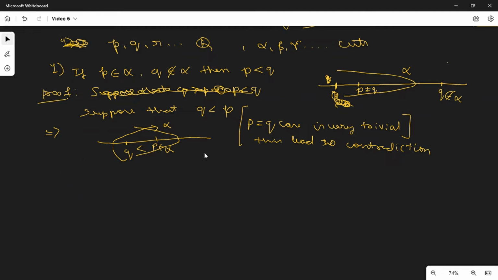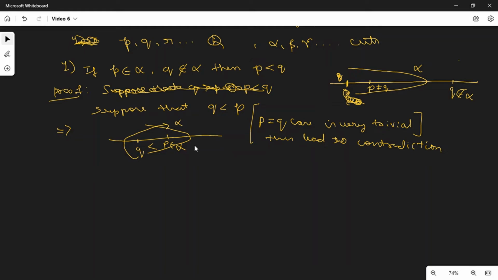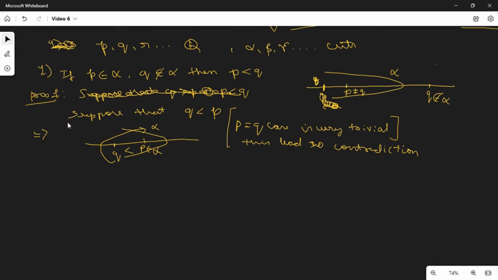This implies that our Q belongs to alpha. This is a contradiction to the hypothesis that Q does not belong to alpha. We took Q not belonging to alpha, but we are getting this.